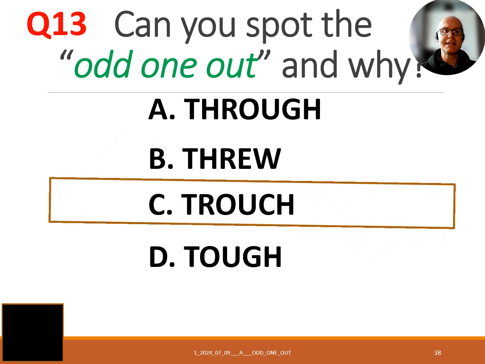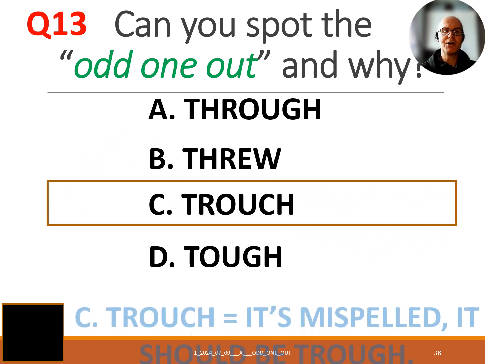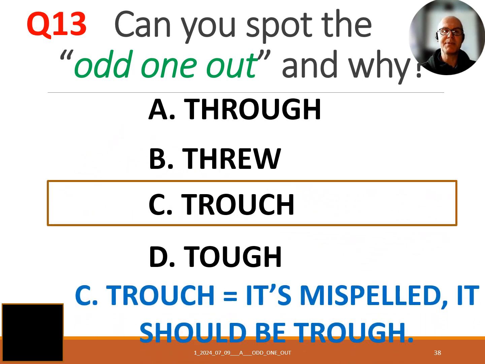The answer is C, because it's incorrectly spelled. That's not how you spell trough. I've spelled it deliberately with a C, whereas it should be a G. It should be GH, not CH. The other three words are correctly spelled, although they do sound similar. They've got different meanings.